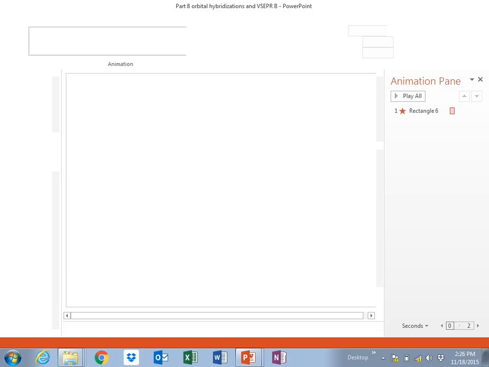So if you have sp3, it's high in the P, low in the S. Hopefully you can see in the figure of methane, the only atomic orbital that the hydrogens have is the 1s. So basically we have a spherical region that is overlapping with the sp3 orbital hybridized carbon.